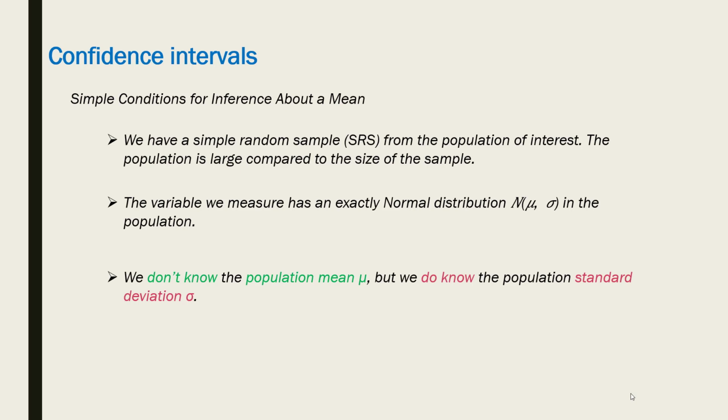And the last assumption, we don't know the population mean mu, but we do know the population standard deviation sigma. In short, mean is unknown, sigma or standard deviation is known.